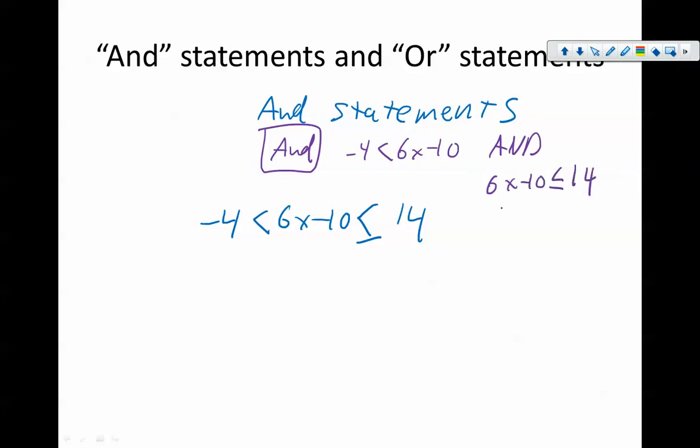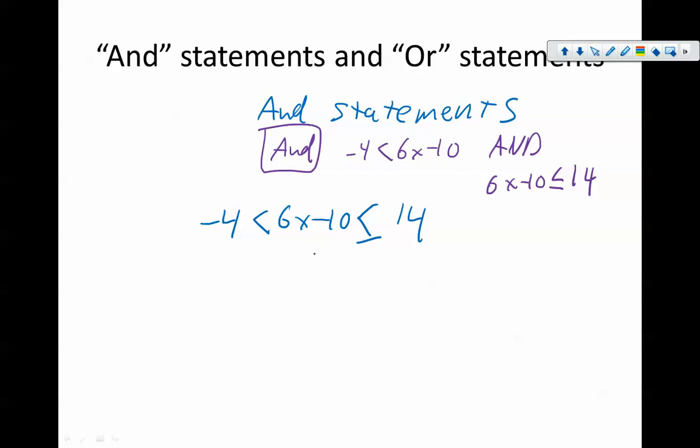Notice how when we have these two connecting in the middle, it becomes an and statement. Now I could write it like this, but I don't, because when they connect in the middle, we have this method to kind of shorten it. The and isn't written because it's implied in the two inequalities.